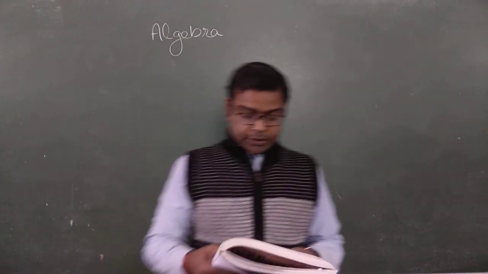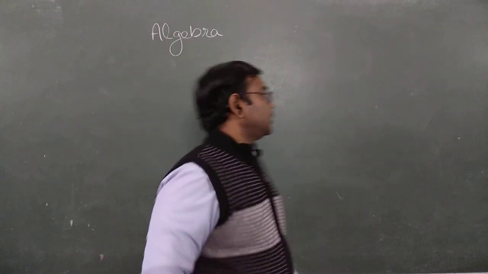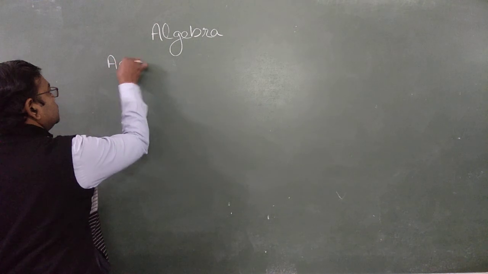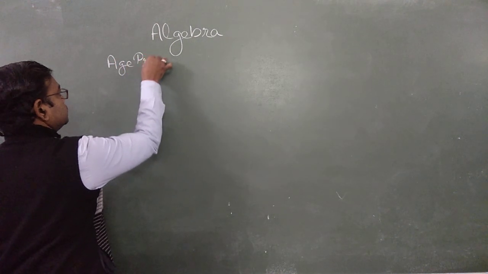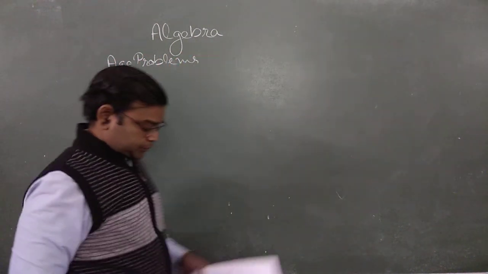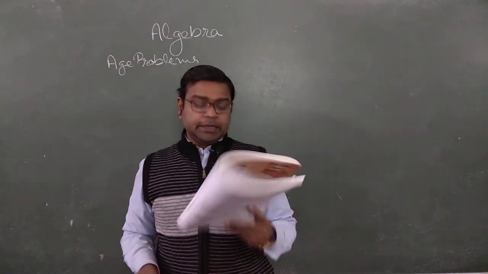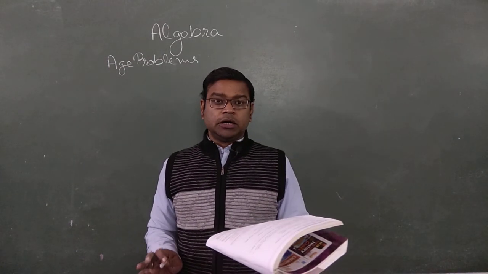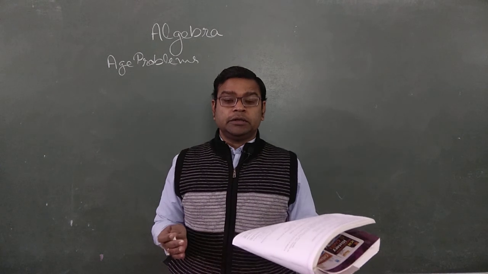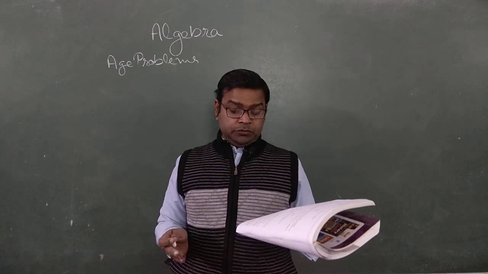Now there is an interesting question given in this book. We consider this as an age problem. This question comes under age problems. It says that there are two sisters, Anu and Minu. Anu is 5 years younger than Minu.